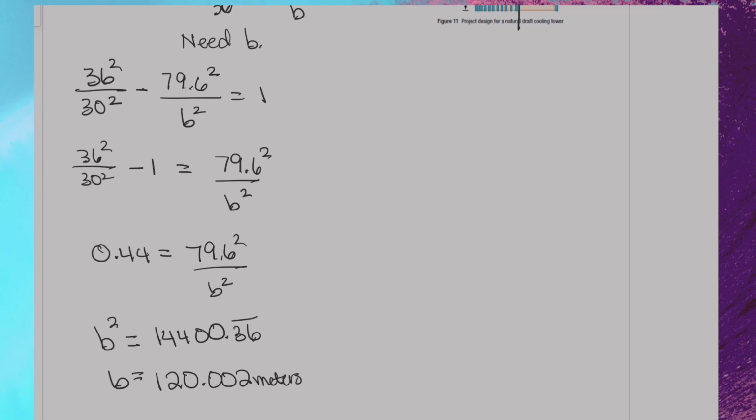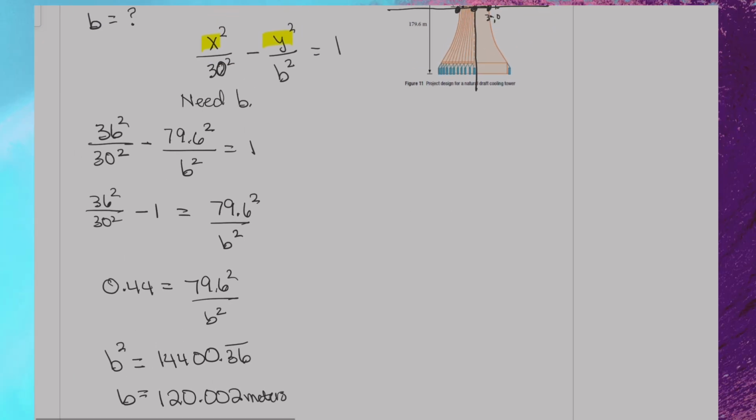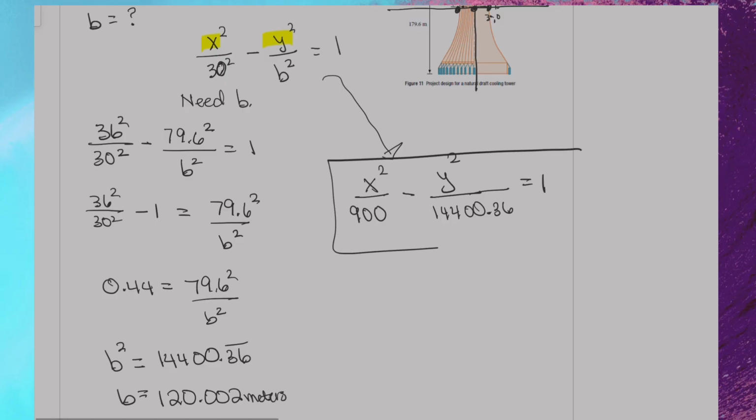So that means I can write my equation. x squared over 900 minus y squared over b squared equals 1. And there's my equation for this cooling tower.